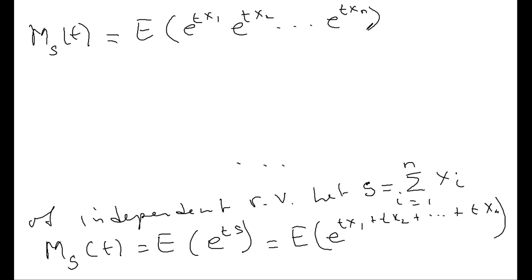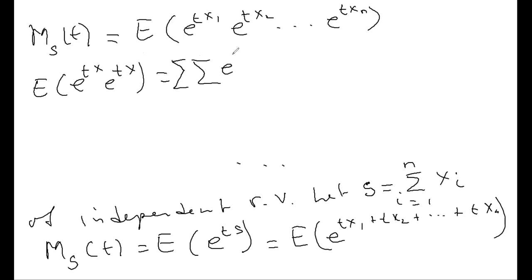I'm going to do this for 2, and then you will understand how to generalize it so that it becomes simple in your mind. So let's take 2 random variables. Suppose I want to find E of e^(tX) e^(tY), when X and Y are independent random variables, and assume that X and Y are independent and discrete.